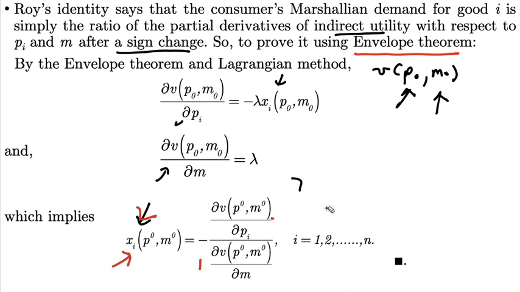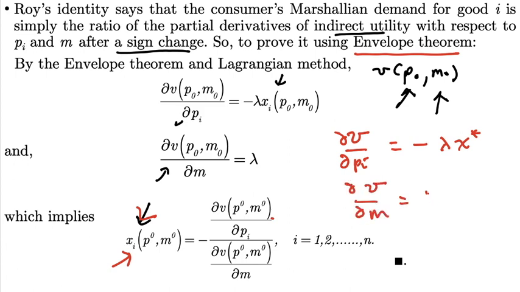So you can see, remember, we have dV over dp_i equals minus lambda x star, and then we have dV over dM equals lambda.